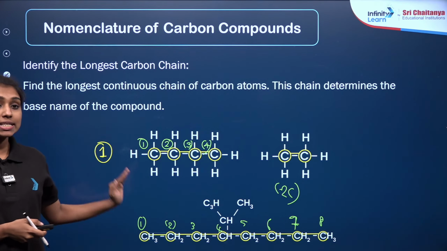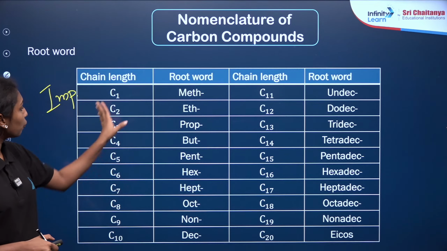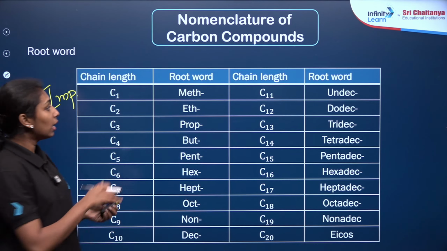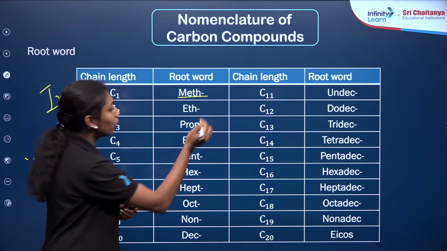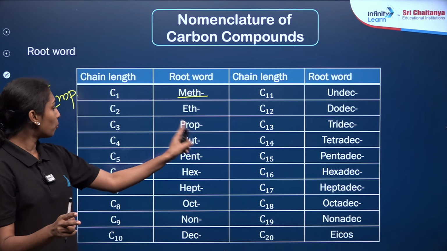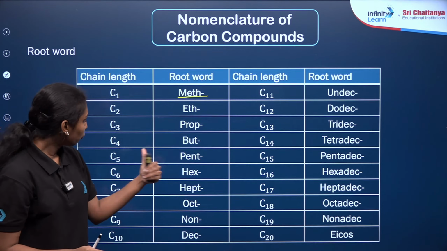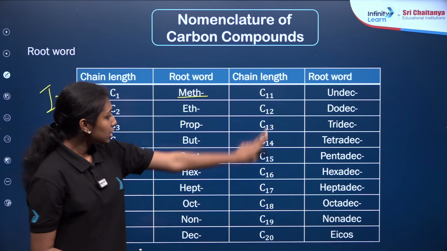The next one, based on the number of carbon atoms, we can find out the root word. So there is a table for that. If the compound contains only one carbon atom, the root word will be meth. Meth stands for 1 carbon, eth for 2 carbons, prop for 3 carbon, and but for 4 carbon, pent for 5 carbon, and so on. So this is the table up to 20 carbon atoms.